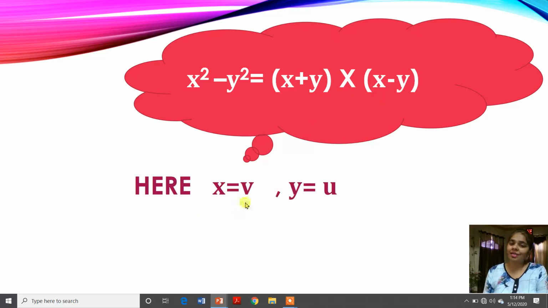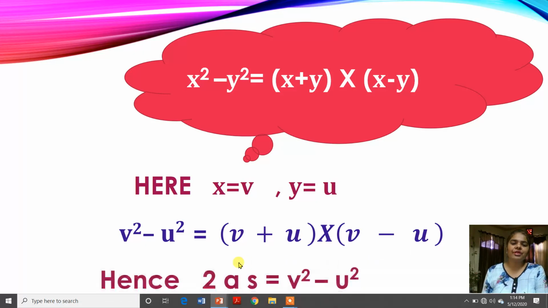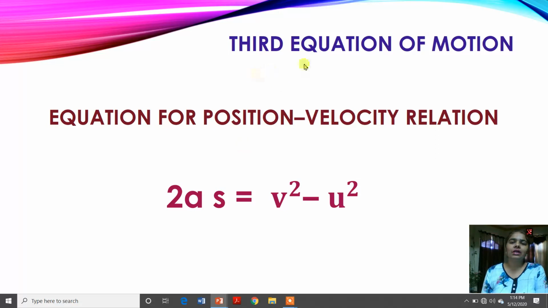So here x equals v and y equals u. We substitute and we get v square minus u square equals (v plus u) multiplied by (v minus u). So substituting this value, we get 2as equals v square minus u square. This is our third equation. So the third equation of motion, or position-velocity relation equation, is 2as equals v square minus u square.